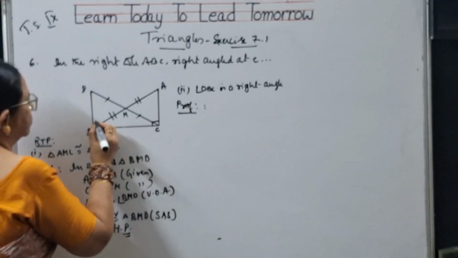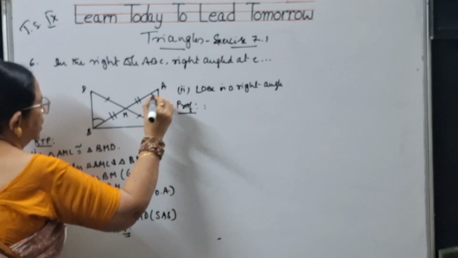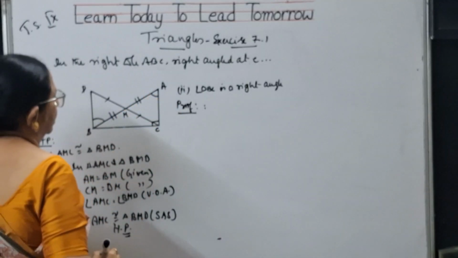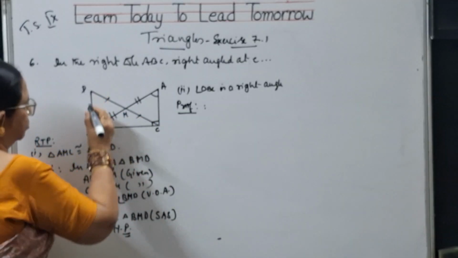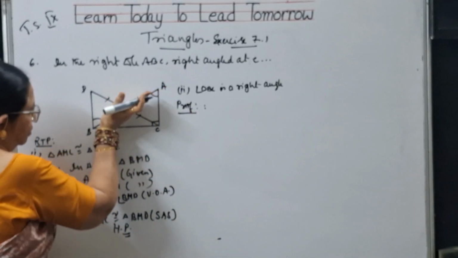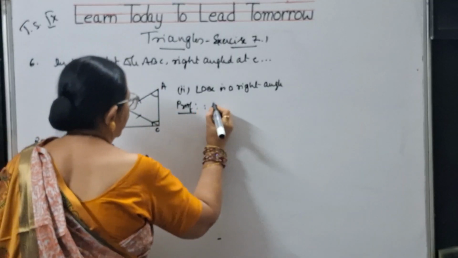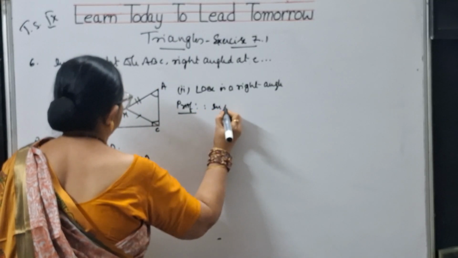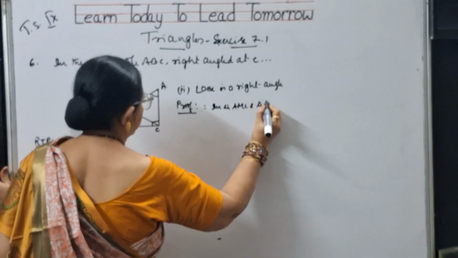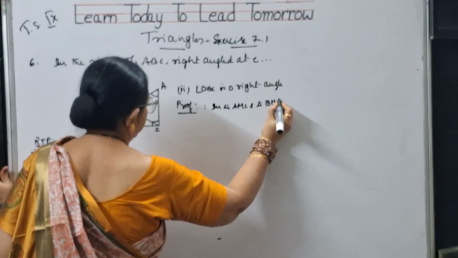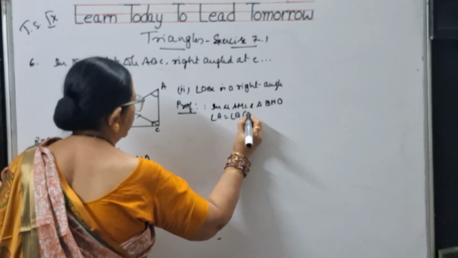See, children, angle A is equal to angle B. They are alternate angles. When you talk about these two lines and this is the transversal, they are alternate angles. In triangle AMC and triangle BMD, angle A is equal to angle B. Why?